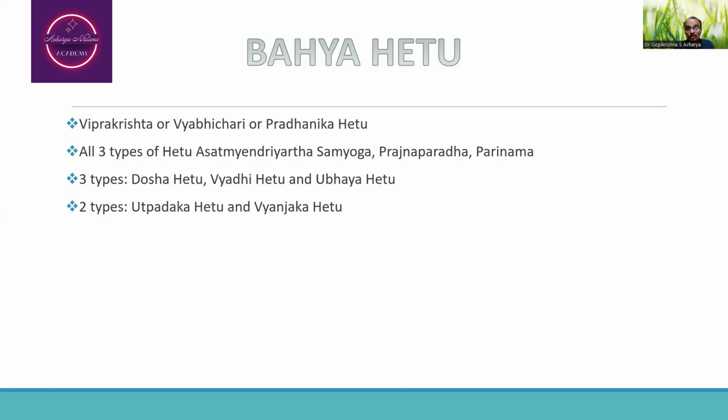All types of Asatma Indriyartha Sanyoga, Prajnaparada, and Parinama are categorized under Bahya Hetu. Dosha Hetu, Vyadhi Hetu, and Ubhaya Hetu, and Utpadaka Hetu and Vyanjaka Hetu are also categorized under Bahya Hetu. Only Sannikrishta Hetu is categorized under Abhyantara Hetu.